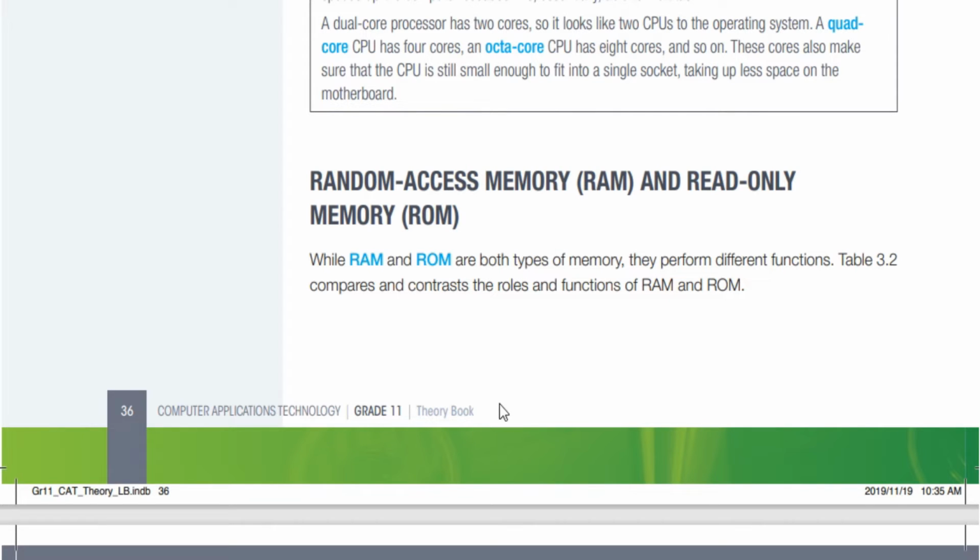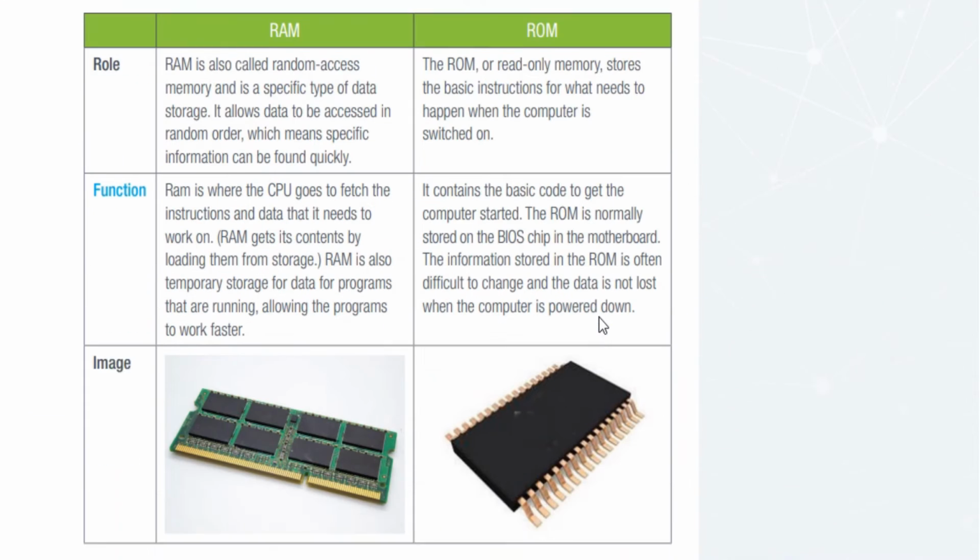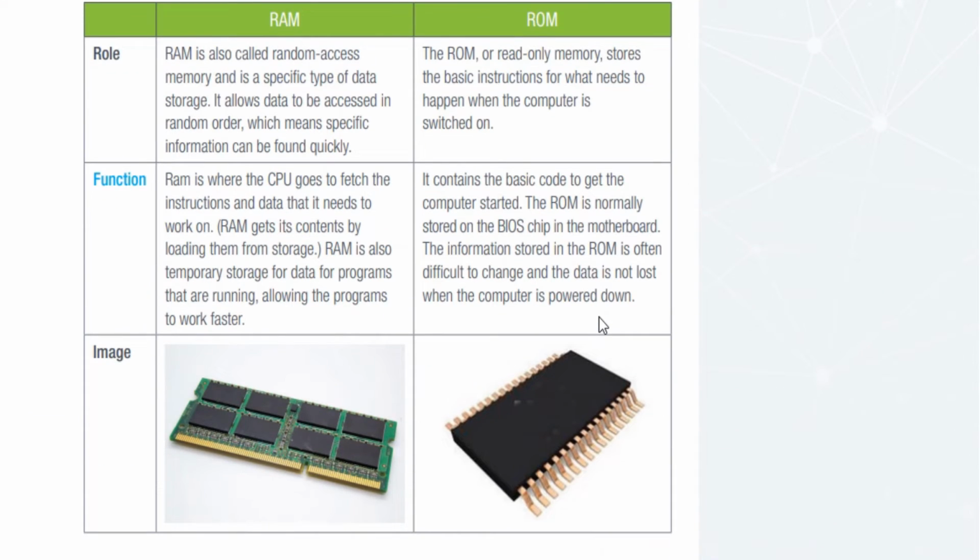RAM and ROM. While RAM and ROM are both types of memory, they perform different functions. Now, this table is important. Just know it. RAM, also known as random access memory, is a specific type of data storage.